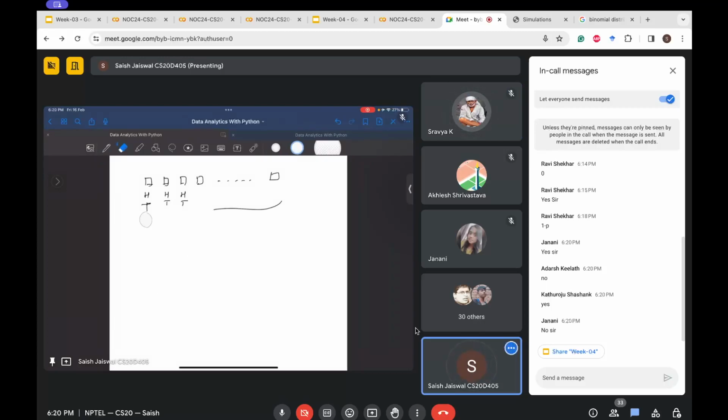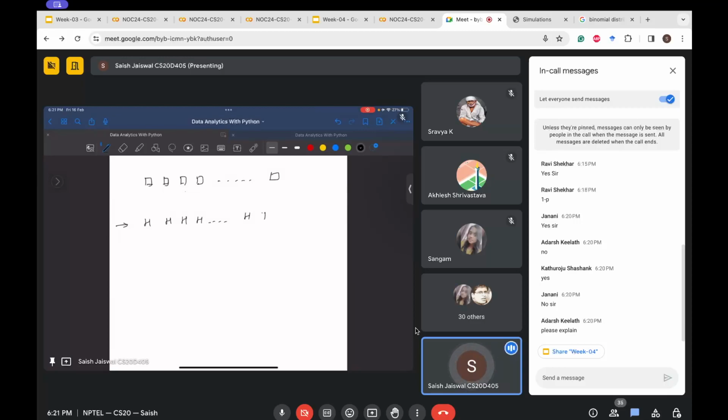Okay. So in how many ways? Say I am doing one experiment in which I get heads 15 times continuously, followed by tails 5 times. So what will be the probability of this event?